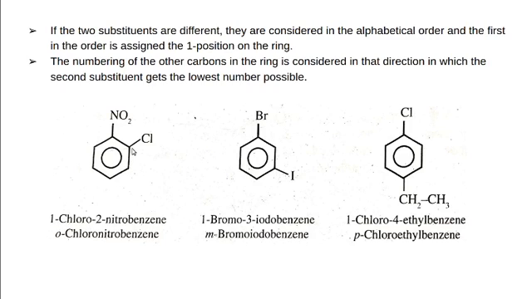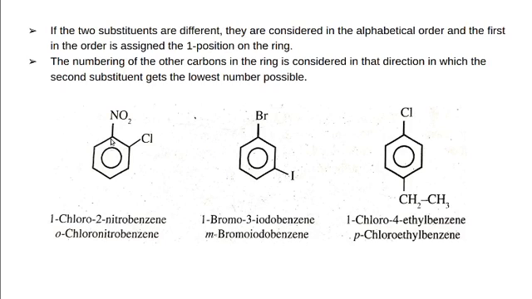Then 1, 2. Don't number it like 1, 2, 3, 4, 5, 6 in the other direction, because if we give the first substituent position 1, then the next substituent should get the lowest number position. If we number in this way, it will be the 6th position, but if we number in this way, it will get the 2nd position.